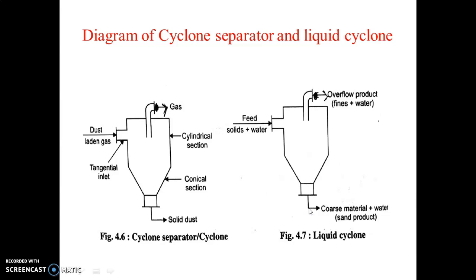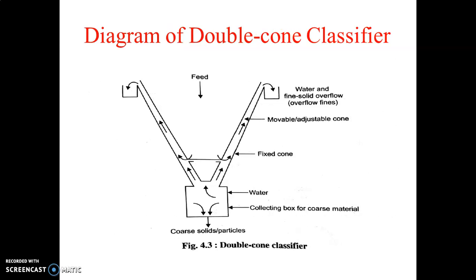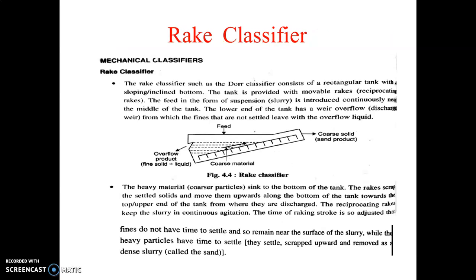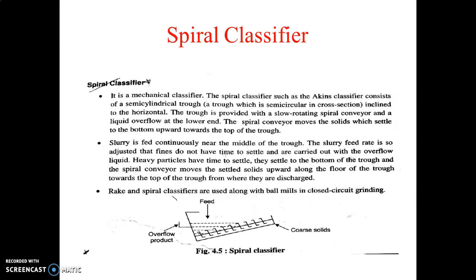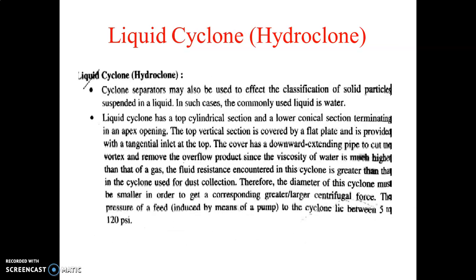Then we will discuss the remaining part in the next lecture. In today's lecture we have already discussed the double cone classifier and its working, then the rake classifier, which is also called the mechanical classifier, then the spiral classifier, and at the last part the cyclone separators.